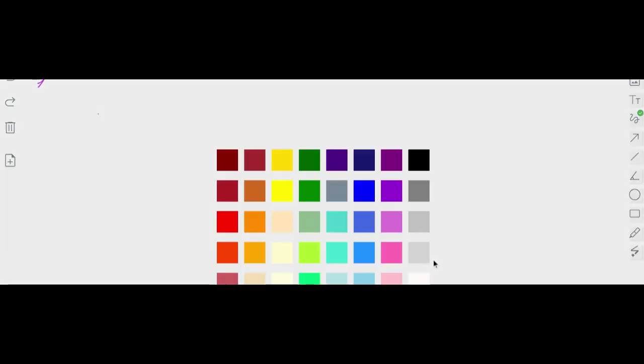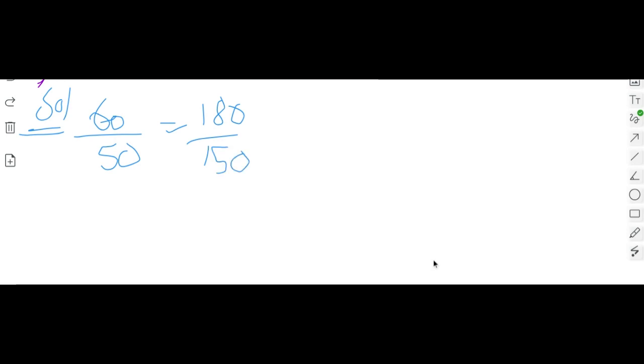Solution: 60 divided by 50 is equal to 180 divided by 150. Now I will do the cross multiplication. 60 is multiplied by 150 and 50 is multiplied by 180.